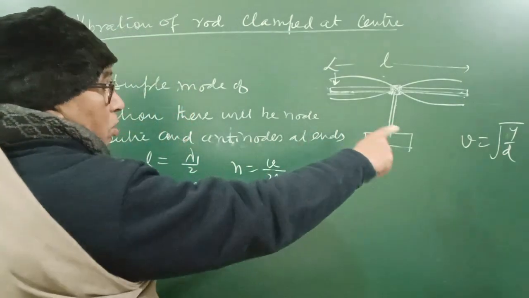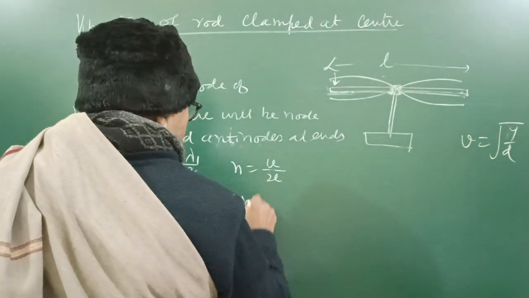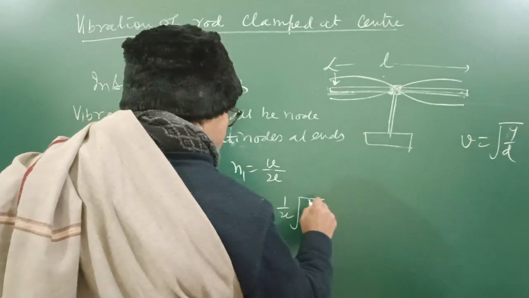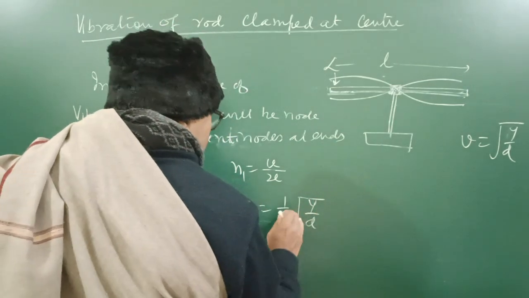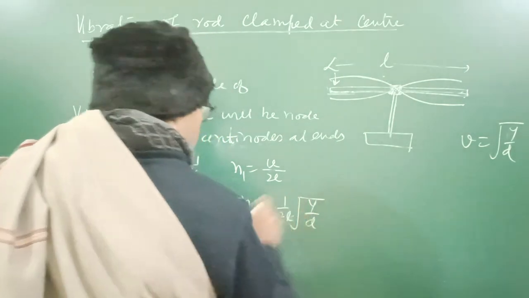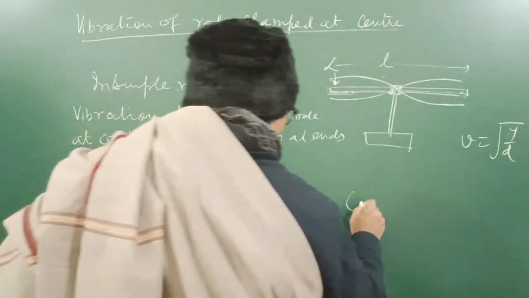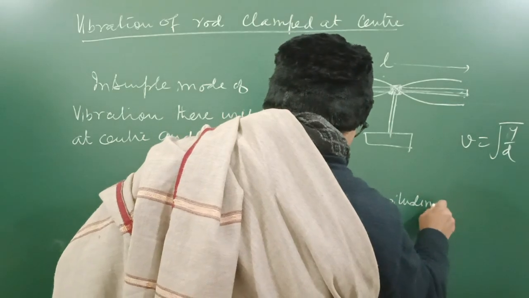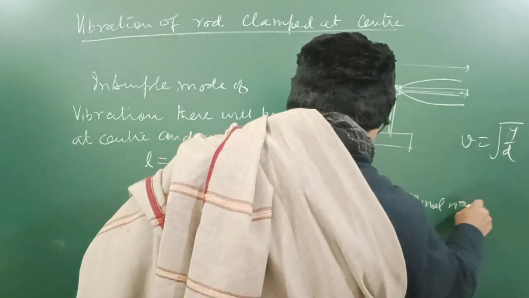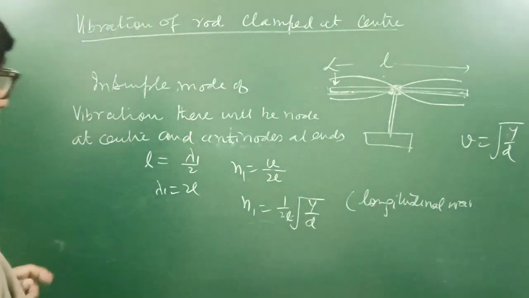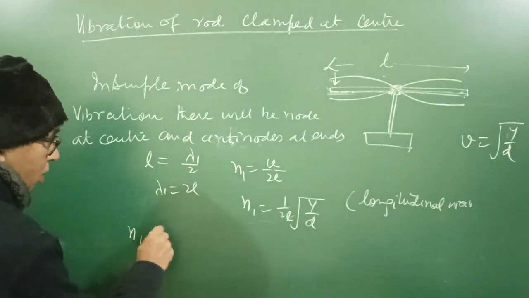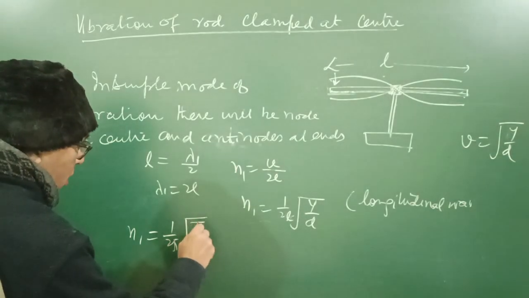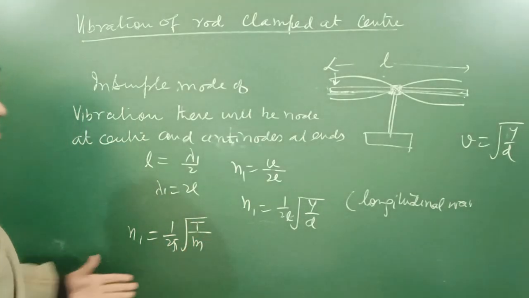If it is a longitudinal wave, then n1 is equal to 1 upon 2L under root Y upon d. If transverse, then n1 will be 1 upon 2L under root T upon m, the same, mass per length.